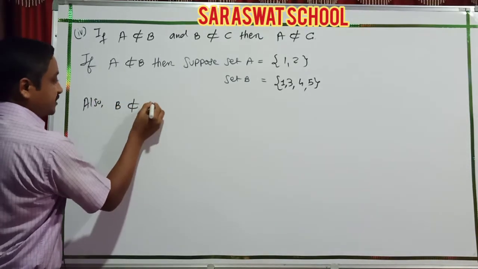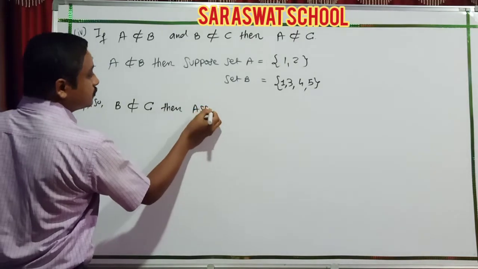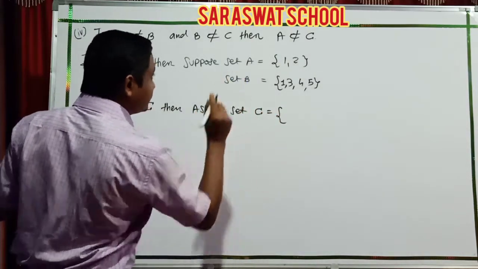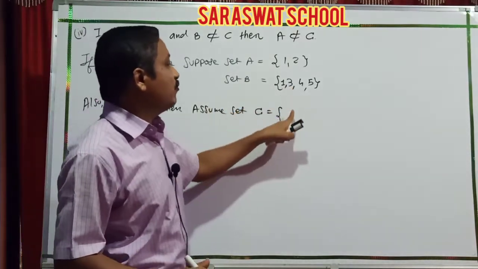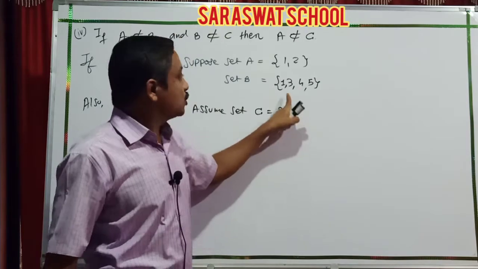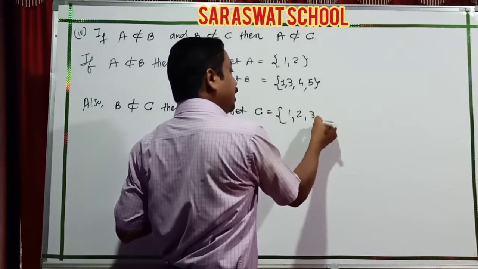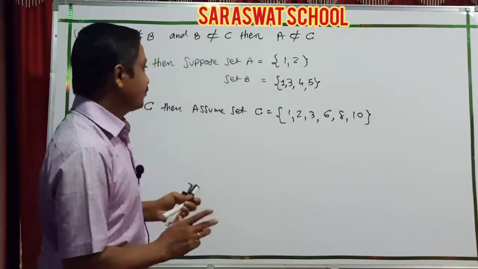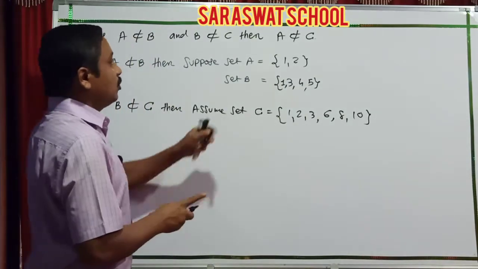Also, B is not a subset of C, then assume set C. Students, what is set C here? B not a subset of C means not every member of B is present in C. So not every member, but some numbers I take: 1, 2, 3, 6, 8, 10, so that every member of B is not present in C. So what do you check?